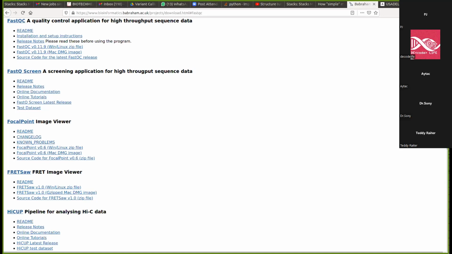The other option for you is also there. If you have an Ubuntu version above 12, then you can also use sudo apt install and write FastQC. That will also install it. I'm writing it in the chat window.